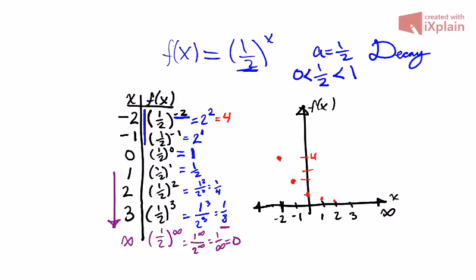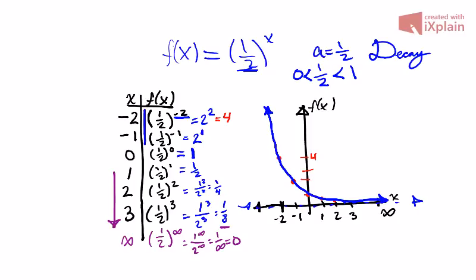So what you'll notice immediately is this function is getting really small as it goes to positive infinity. As I plug in x equals infinity, I'm going to get so close to 0 that it's not even funny. And eventually you get to 0.